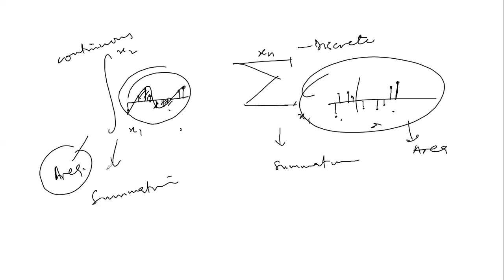Okay, so this is a discrete equivalent of this continuous signal. But should I take the summation of these parameters, I'm going to get the area under this graph. And if I take the integral, I'm going to get the area under this graph. So within the continuous and discrete time domain, these operators perform the same operation. Is that clear?